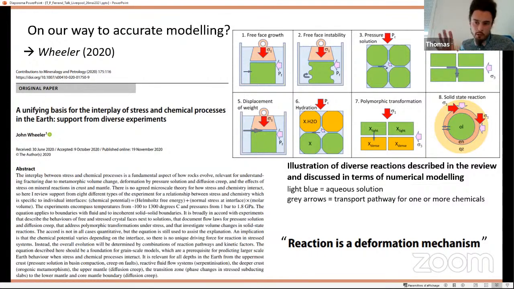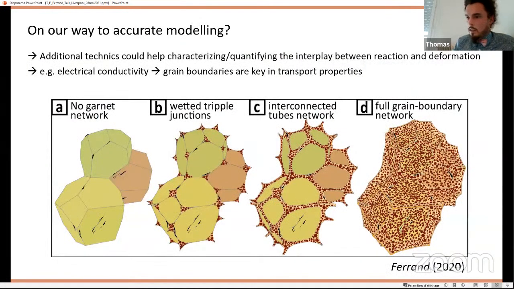And the most important sentence of the paper to me is: reaction is a deformation mechanism. And this is something that we don't see enough in the interpretations of many papers, not only experimental. And I think that additional techniques could help characterize and quantify the interplay between reaction and deformation.